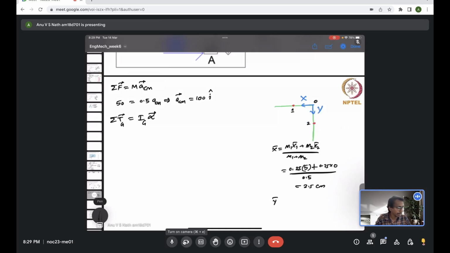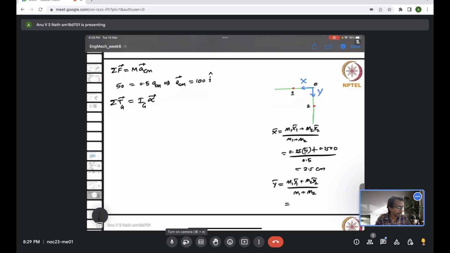Similarly, y bar is m1 y1 bar plus m2 y2 bar, the whole divided by m1 plus m2. Again the same, 0.25 times y1 bar. Now point 1 and the origin O are on the same y line, right? So they will have y separation being 0.